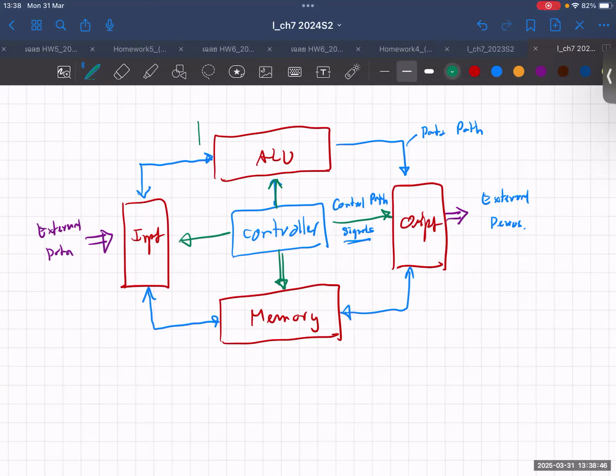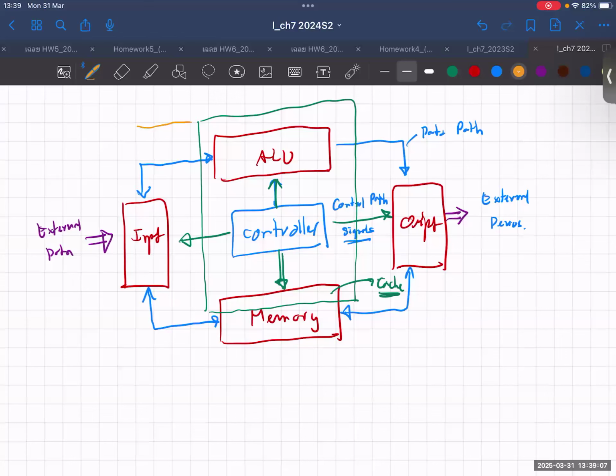The CPU includes this, mostly, and part of this, where this part is usually what we call the cache or small memories within the CPU. And today's CPU also includes this part as well, the I/O interface, where you can talk to outside.